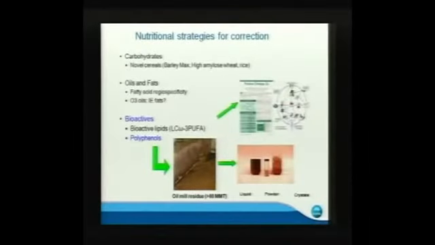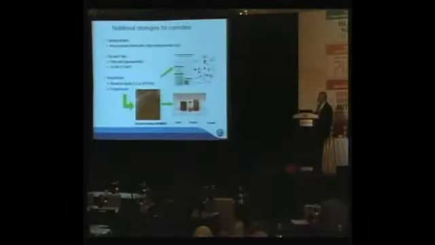If you think about the strategies for correction of vascular disease, there's one angle for carbohydrates, one for oils and fats, and then there are bioactives. Actually, my organization, CSIRO, is prominent in the carbohydrate field. We have high amylose rice. Barley Max is a product already on the shelf, and rice also.